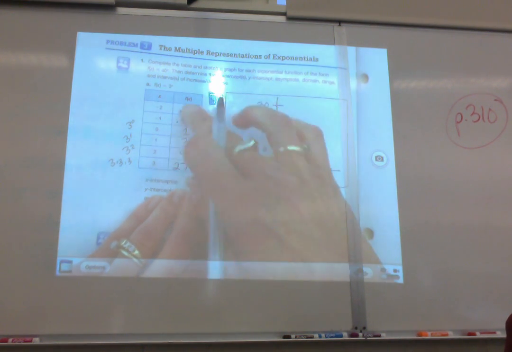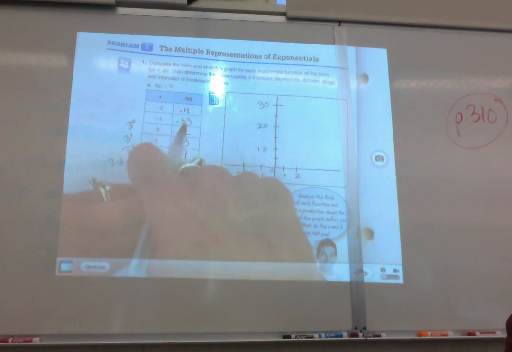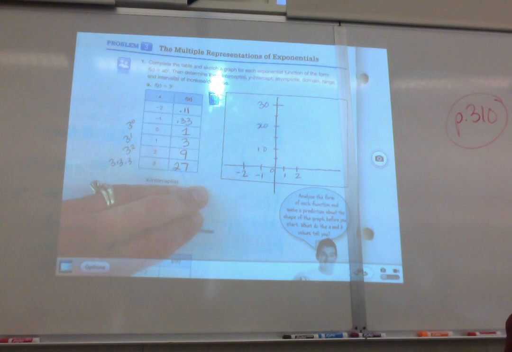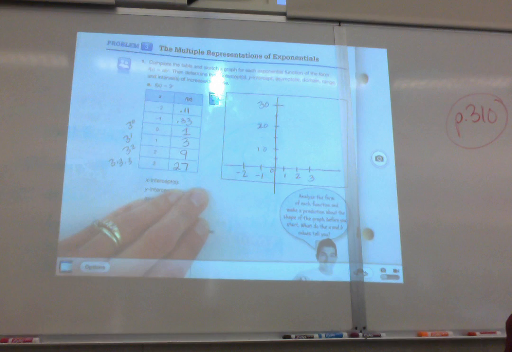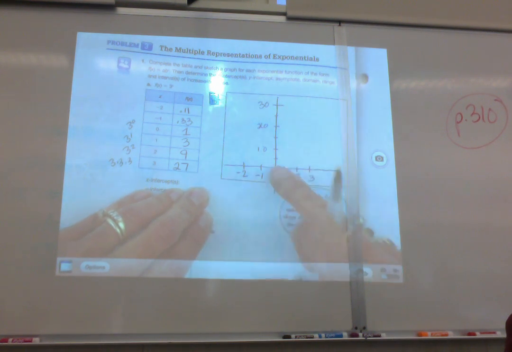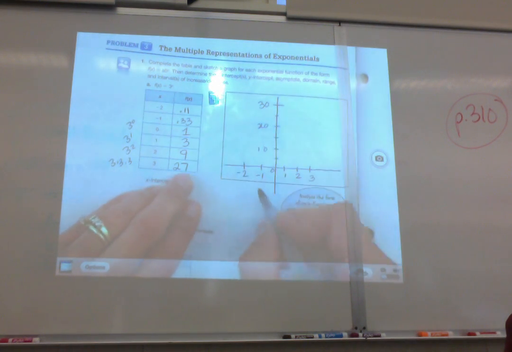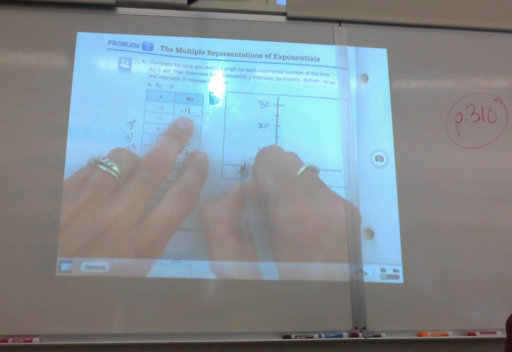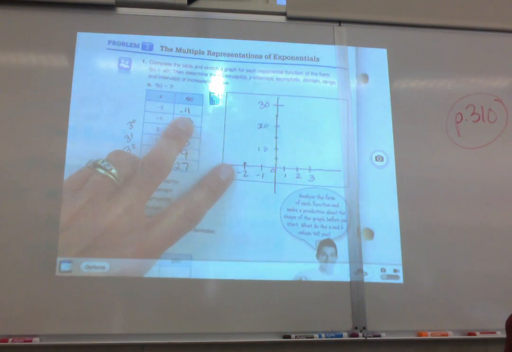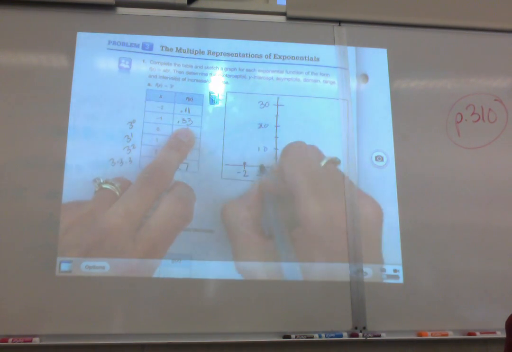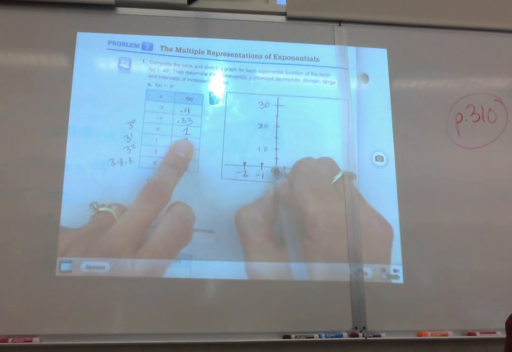So you kind of look at your numbers and say, what do I need? Well, I need these all the time. That goes up to 3 in the positive direction. But I need it up to 30 on this. All right, so now -2 is super low. I'm just going to go barely above the x-axis. -1 is only a tiny bit higher. 0, I'm at 1.